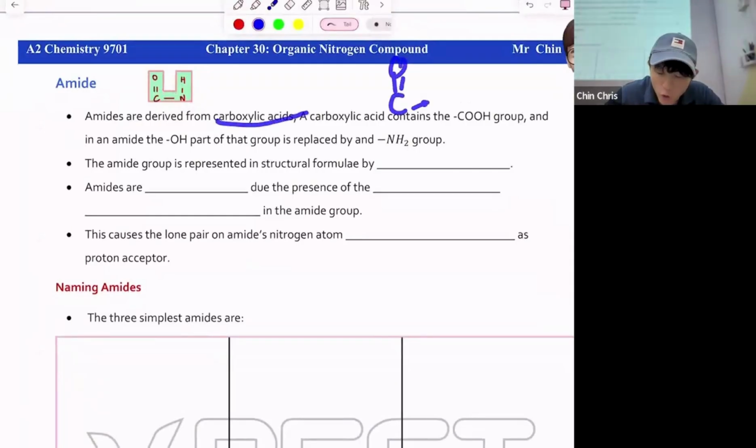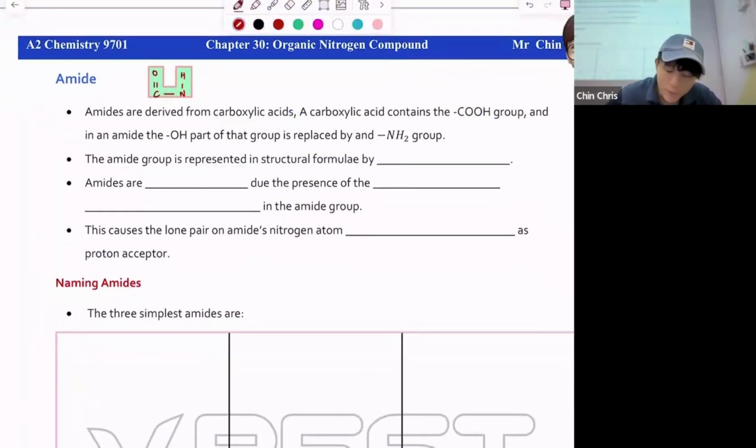Instead of C double bond O OH, you turn it into NH2 here. The amide group is represented by the formula CnH2n+1CONH2. Sorry, that is the formula for amide.